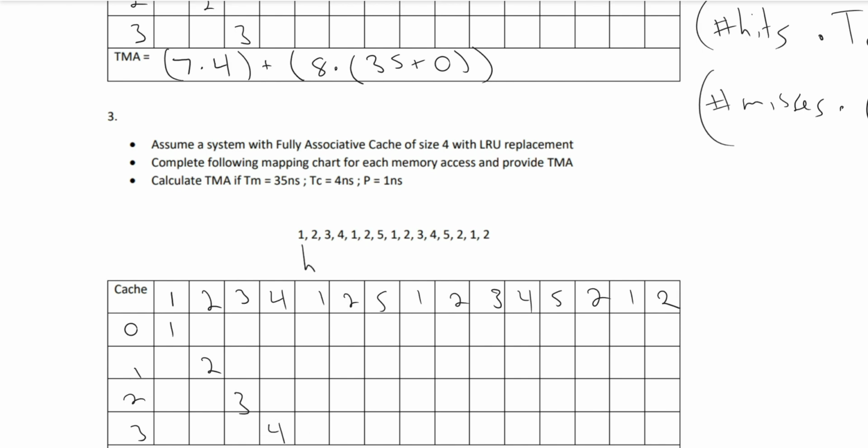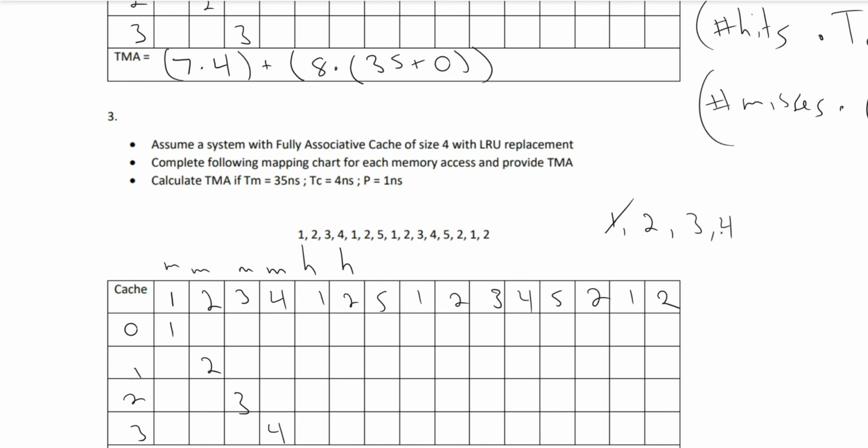1 is a hit. 2 is a hit. 5 is a miss. So the least recently used. I think it's better if you just write like this, right? What we've used recently, and then we used 1 after we got this hit, right?